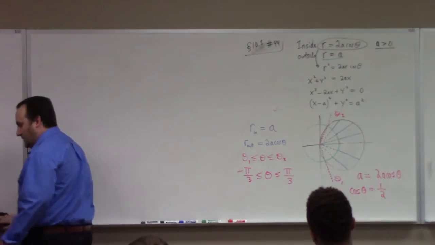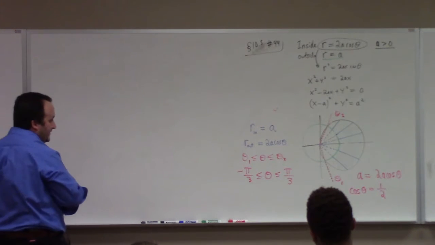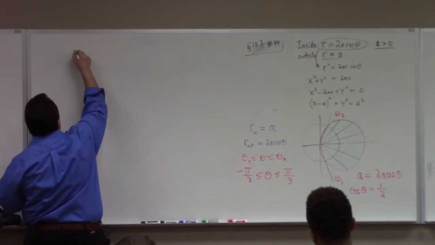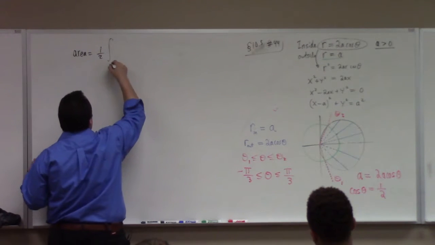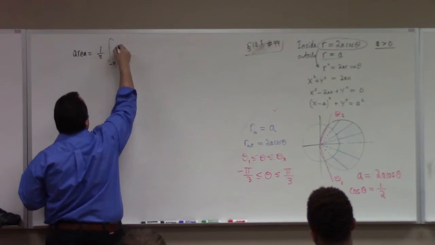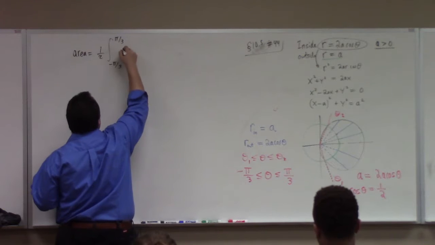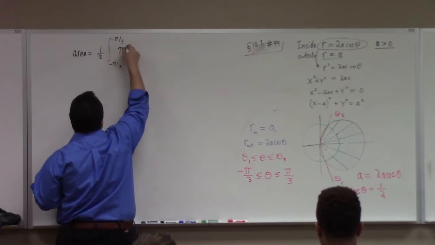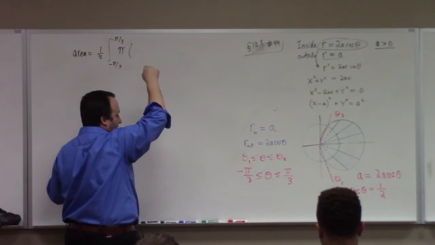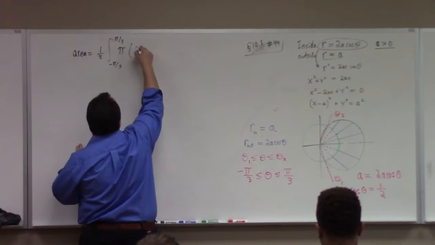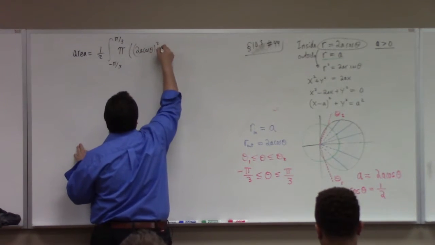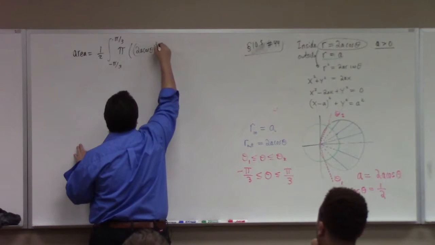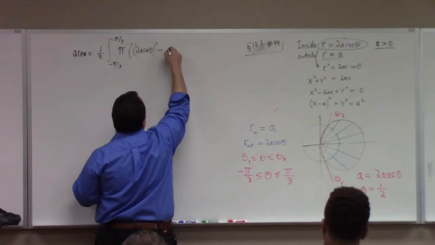So all of that motivates the following calculation, actually giving you the area. So the area should be equal to 1/2 the integral from minus pi over 3 to pi over 3 of r out squared minus r in squared, which is a squared.